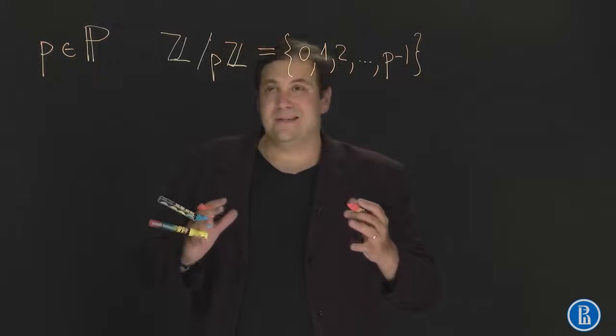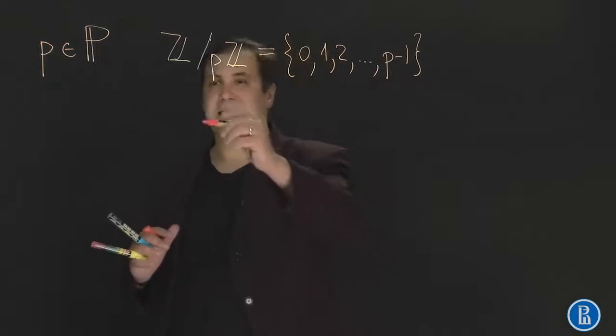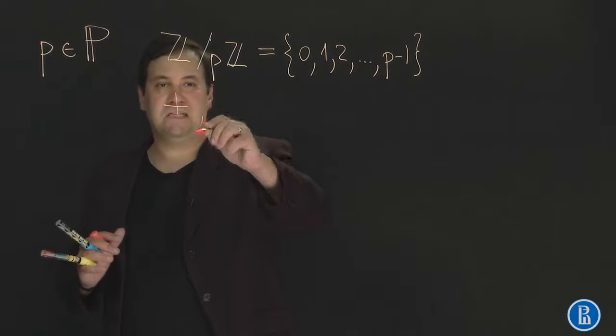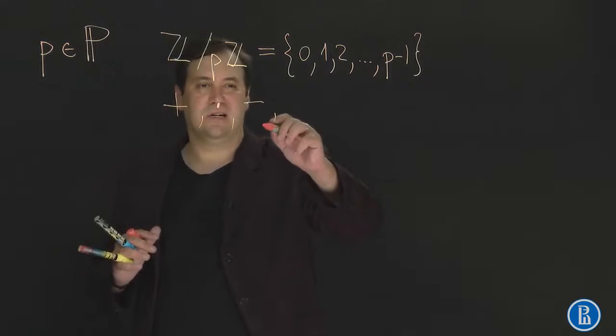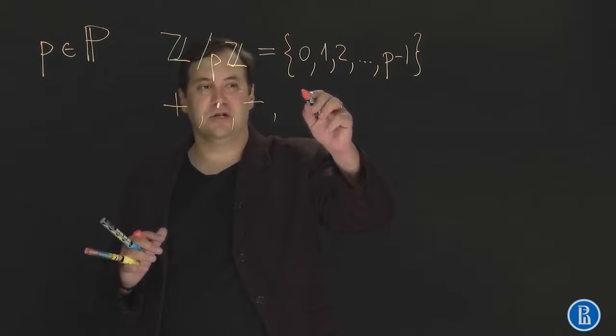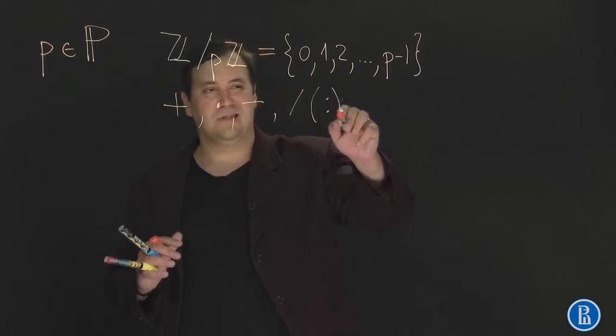And we know that there are arithmetic operations on this set, such as addition, multiplication, subtraction, and even division, which may be denoted as two dots.